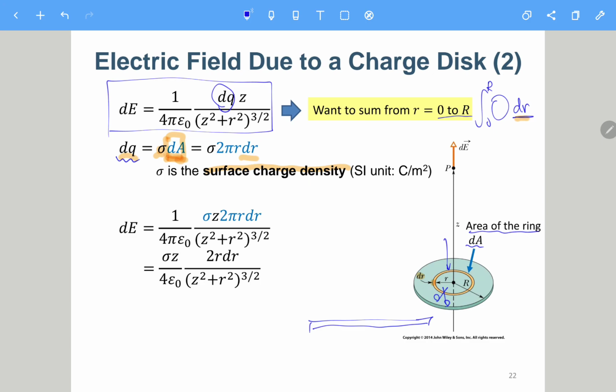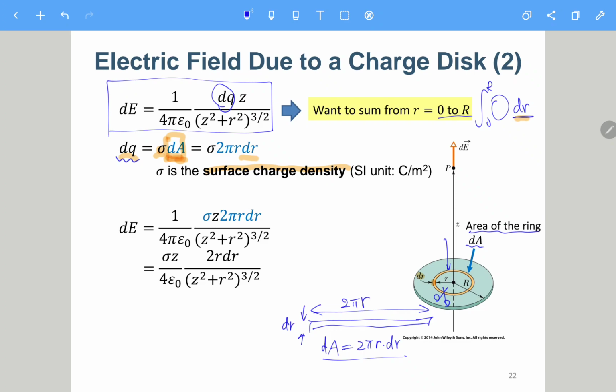The rectangle should have a height of dr, which is the thickness of the ring, and the width of the rectangle should be the circumference of the circle, which is 2 pi r. So the area dA should be 2 pi r times dr.